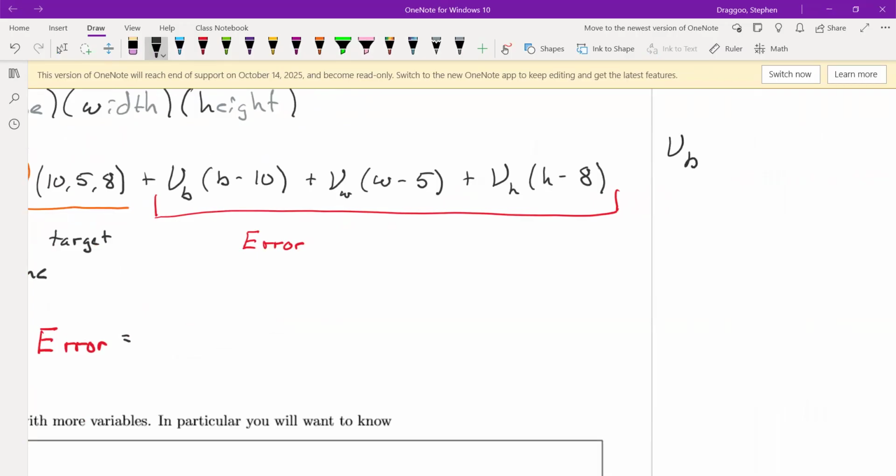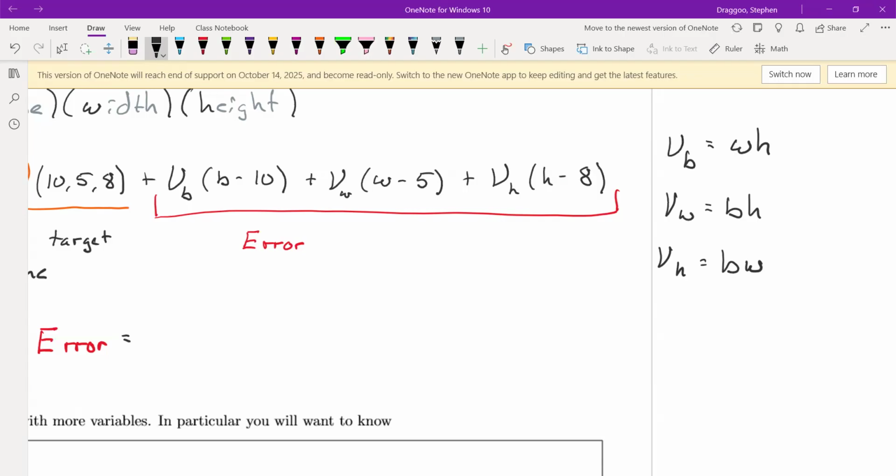I'll have a V sub B, a V sub W, and a V sub H. And recall that my equation was just base times width times height. So these partial derivatives are going to be pretty easy. WH for the first one, BH for the second, and BW for the third.